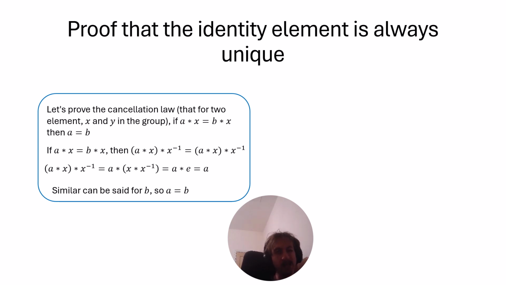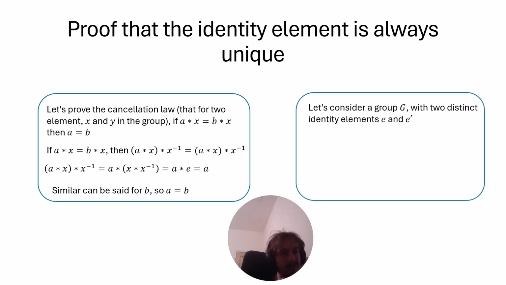If it's not clear the logic behind it, I would recommend pausing the video, because we're now going to move on to using the cancellation law to show that a group has a unique identity element.